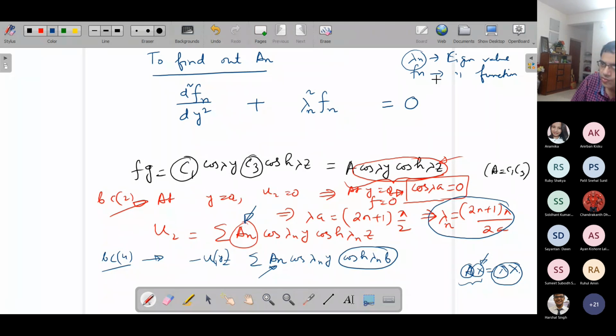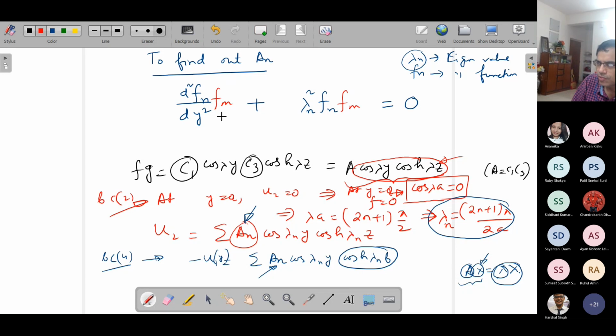Now what we do is we multiply this with Fm, where m is not equal to n. This m and n you should not confuse with e to the power mx and e to the power nx. It has nothing to do with that. It's just two independent symbols.